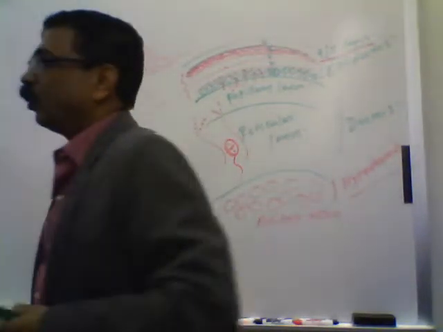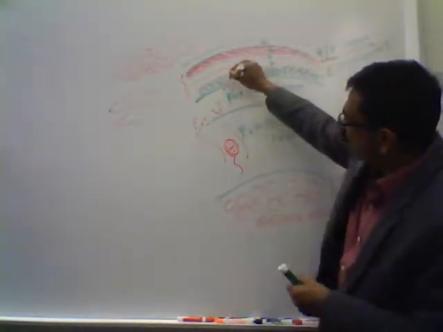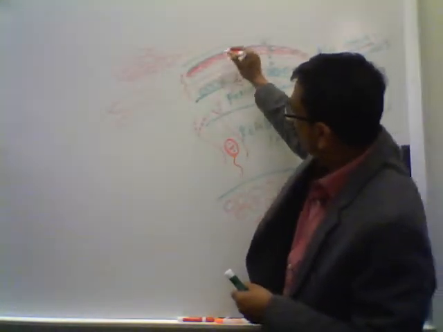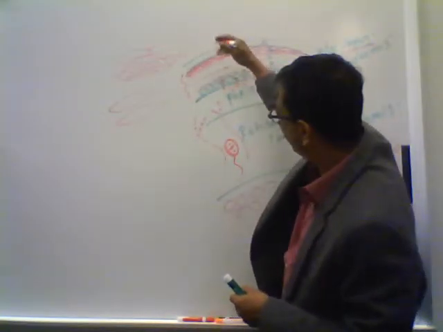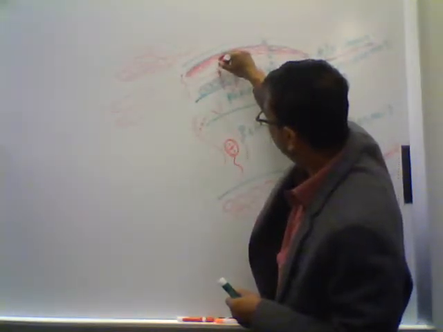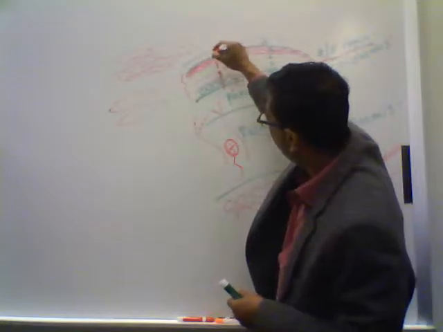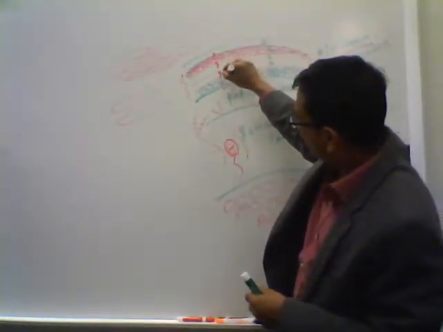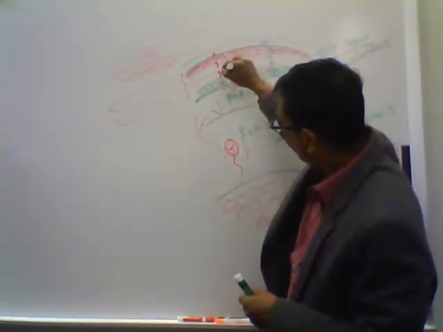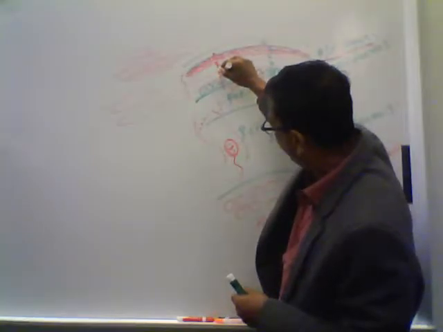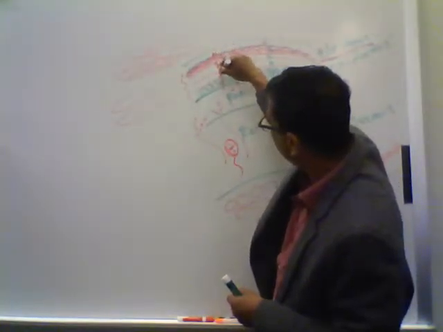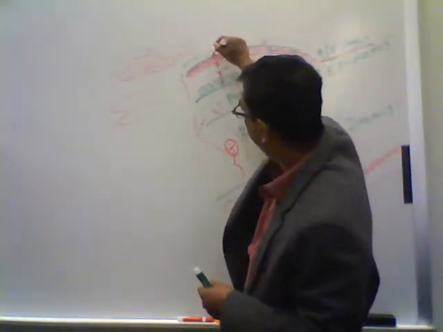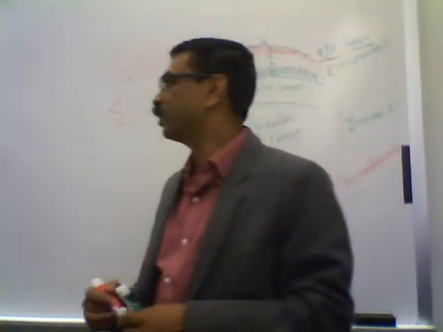Okay? And once a new cell is produced here, we know that outer cells are dead cells, so they leave the skin and the new cell moves up. For a new cell from the innermost layer to the outermost, it takes 25 to 45 days to reach the outermost layer. Okay.